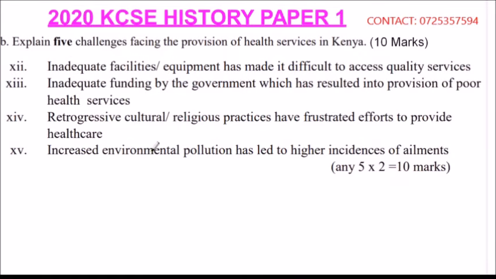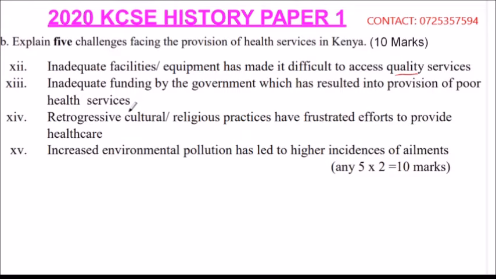Then we have number 12, inadequate facilities and equipment that make it difficult to access quality services. If you don't have the right machines, we cannot access quality service. Number 13, inadequate funding by the government, which has resulted in provision of poor services.